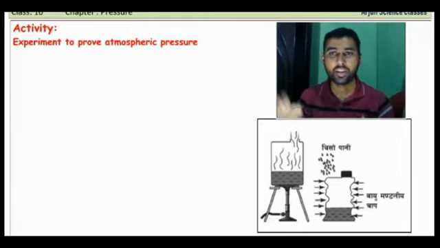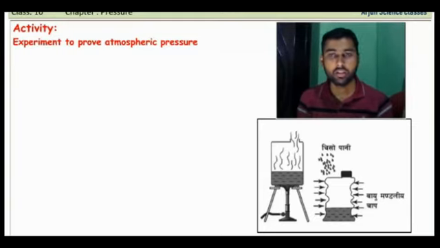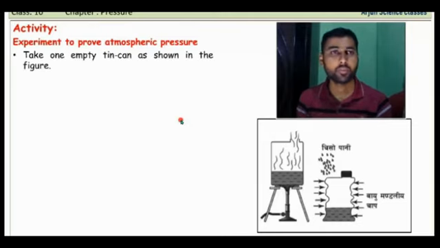It is the pressure exerted by the atmosphere, that is, by the air, and its value is 760 mm Hg at the surface of sea level, and it is measured by using a barometer. Now I am going to discuss this atmospheric pressure with the help of a simple experiment.